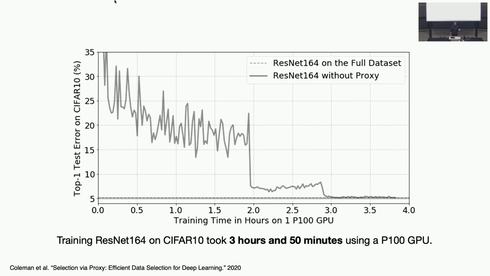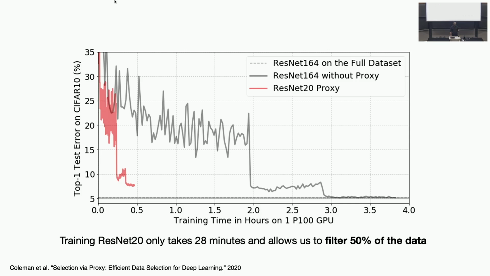But we can do this process of coreset selection, where we train some smaller, fast model that has fewer layers. Here we're training a ResNet-20 model rather than a ResNet-164 model. It doesn't get to the same accuracy that we get with the larger, more accurate model.